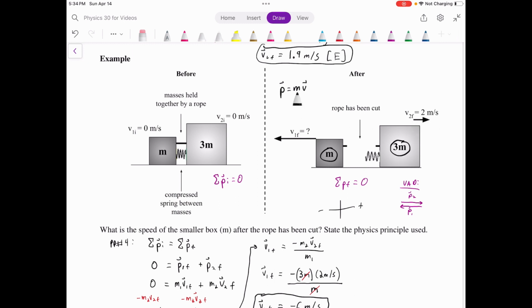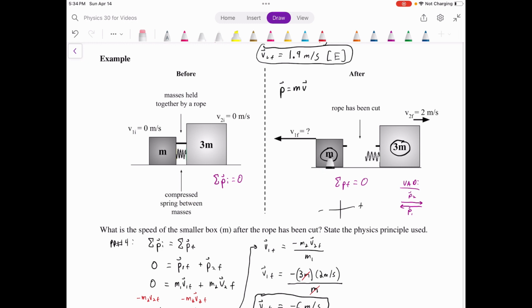So if momentum is mass times velocity, the fact that it has 3 times the mass would give it 3 times the momentum if the velocities were the same. Therefore, the velocities cannot be the same, because this has to have the same amount of momentum, but in the opposite direction as this one, so that they cancel out to 0.